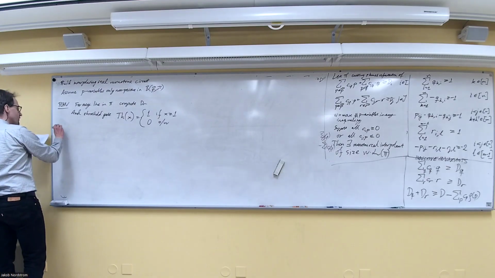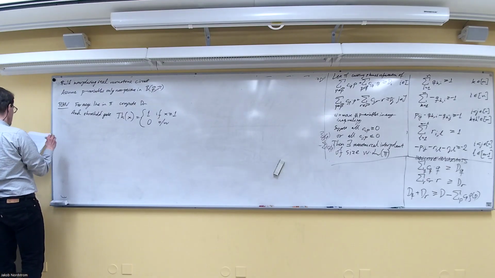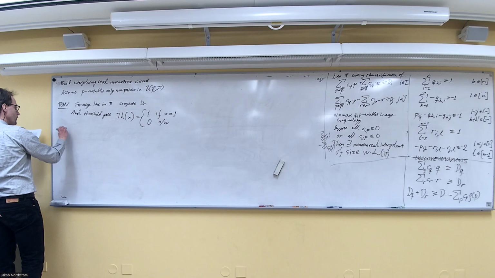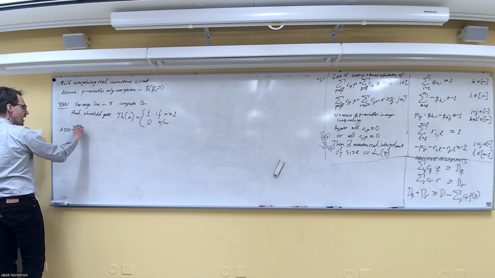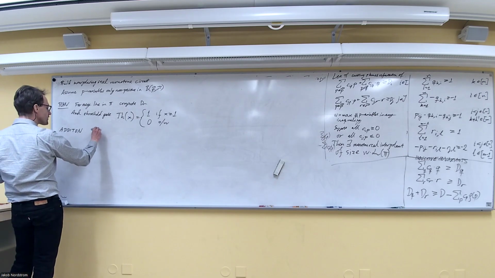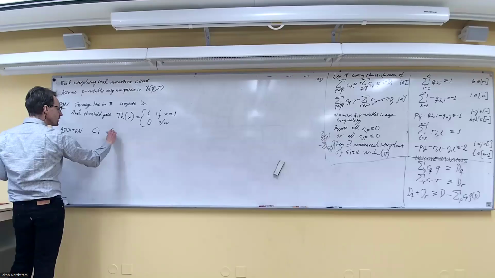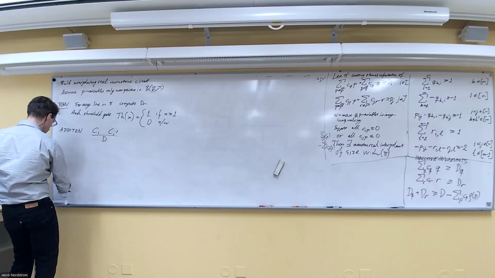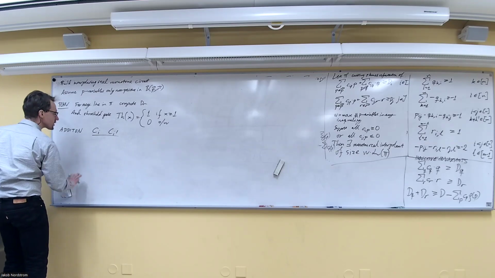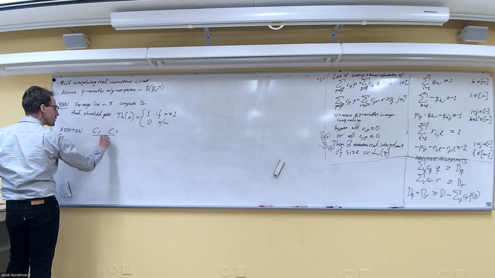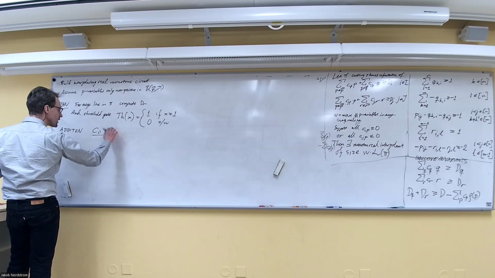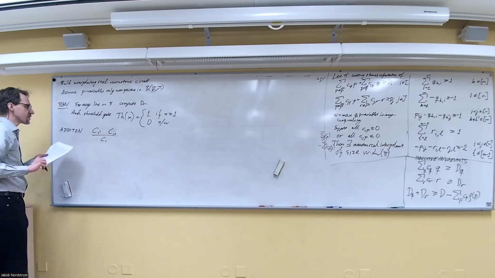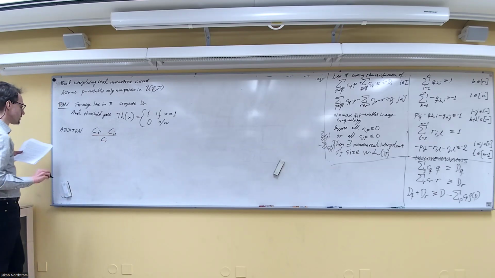Okay, so let's see. If we have an addition of constraints, we have two constraints, Ci prime and Ci double prime, and we add them up to get Ci. Let's say this is the ith line.